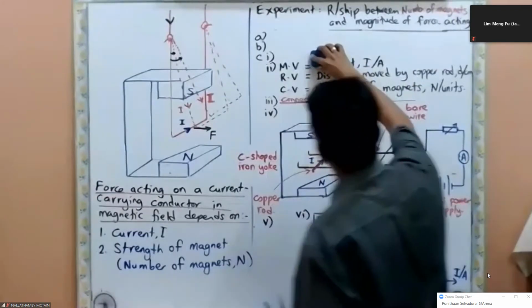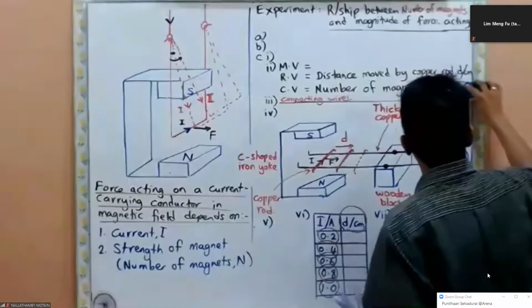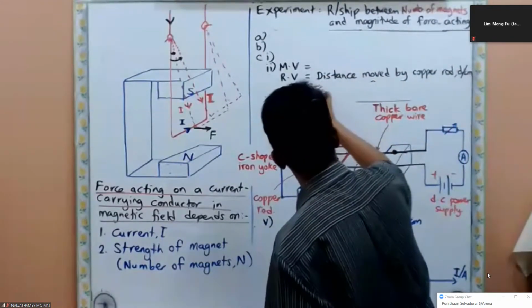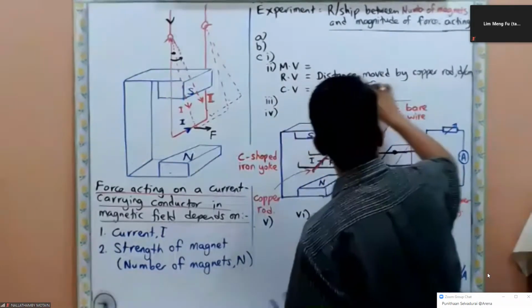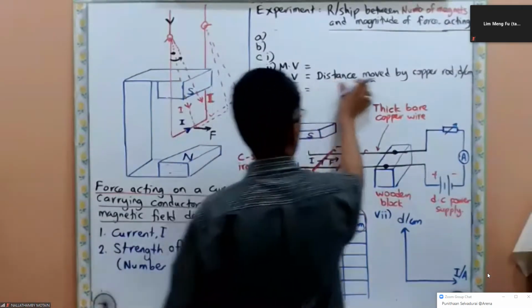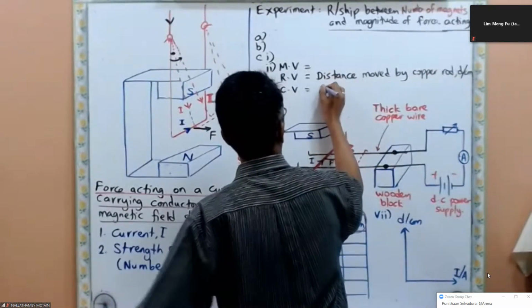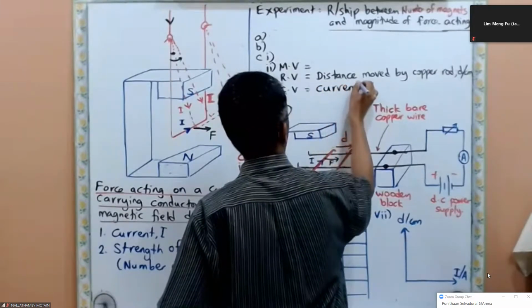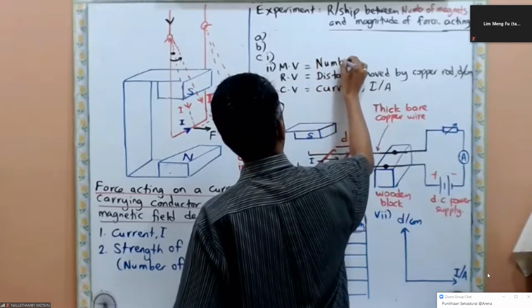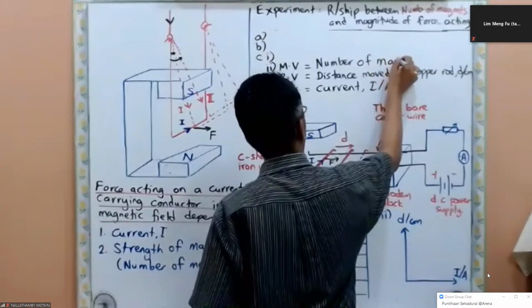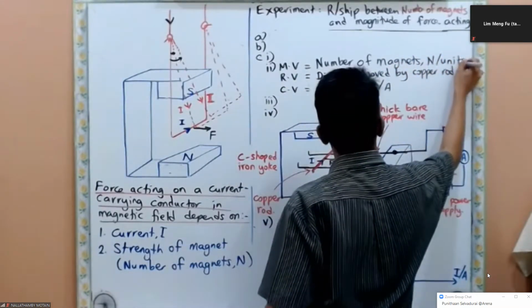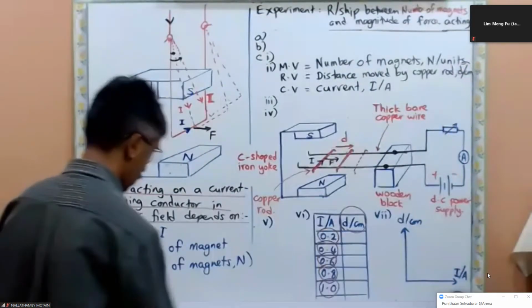Current, number of magnets also I remove. Current here is number of magnets.